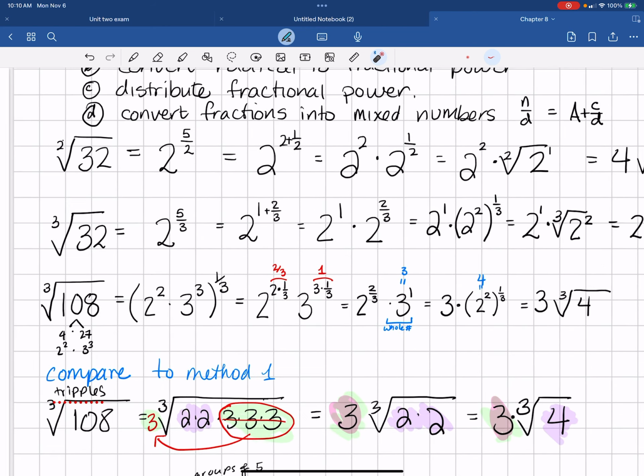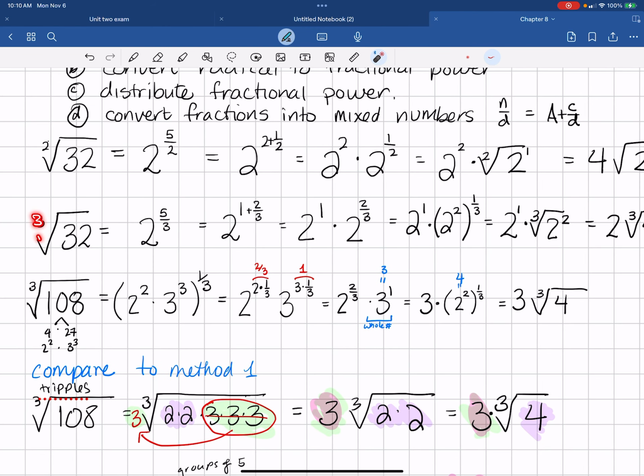If we look at the third root of 32, so that's 2 to the 5 thirds, because this would be 2 to the fifth to the 1/3, and then we'd multiply those. 5 thirds is 1 and 2/3. So we'd split this into 2 to the 1 times 2 to the 2/3.